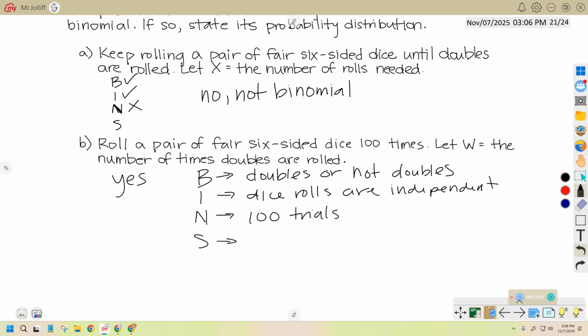So on a single dice roll, each die has 6 outcomes. So that's 6 and 6. 6 times 6 is 36. There are 36 possible outcomes when I roll 2 dice. Of those 36 outcomes, how many of them are doubles?